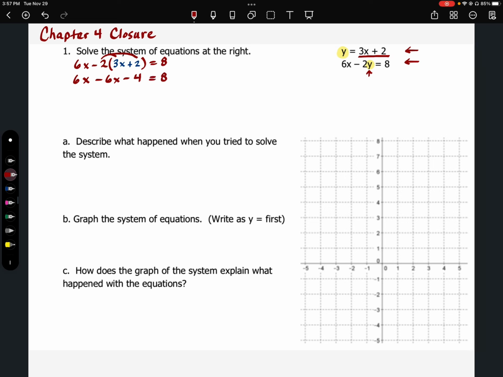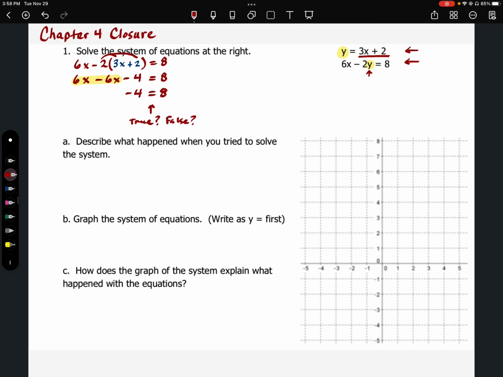Now we need to combine the like terms, and what we'll notice is that 6x and negative 6x, when I combine those together, they're going to cancel out and give us 0, and that leaves us with negative 4 equals 8. So is this true or is it false? Remember, when our variable completely cancels out and is gone, we need to look at what's left over.